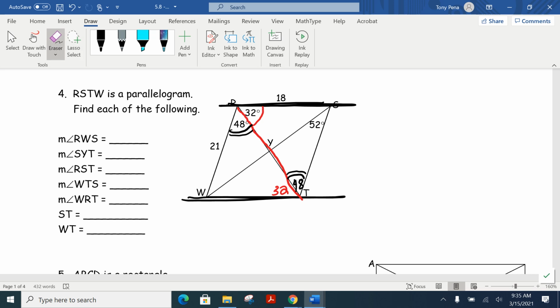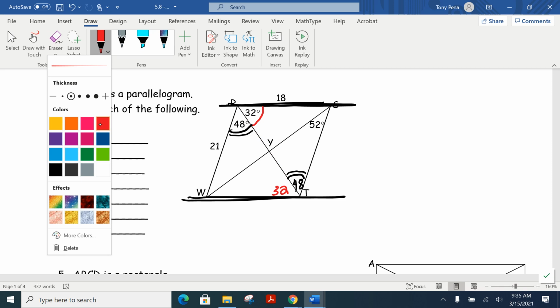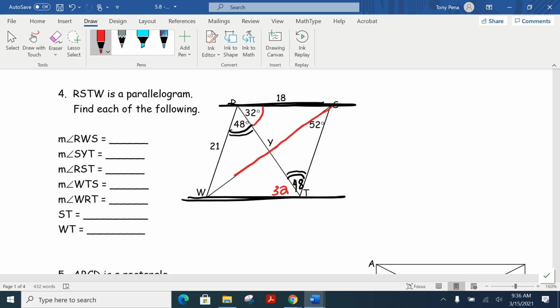Well, if that diagonal is a transversal, then wouldn't the other diagonal also act as a transversal? So let's draw in this transversal. This 52-degree angle, I'll mark this one with 3 ticks, has to be congruent to its alternate interior angle. So that also has to be a 52-degree angle.